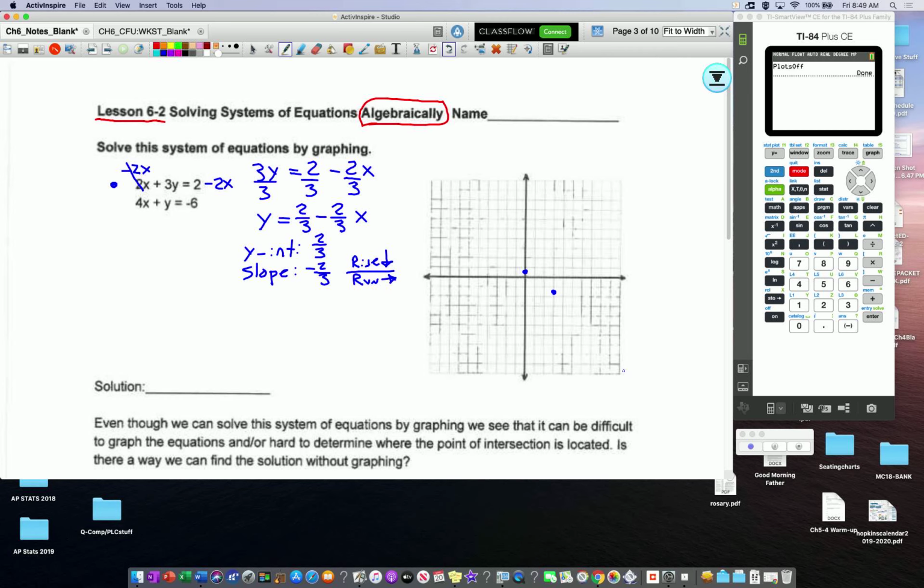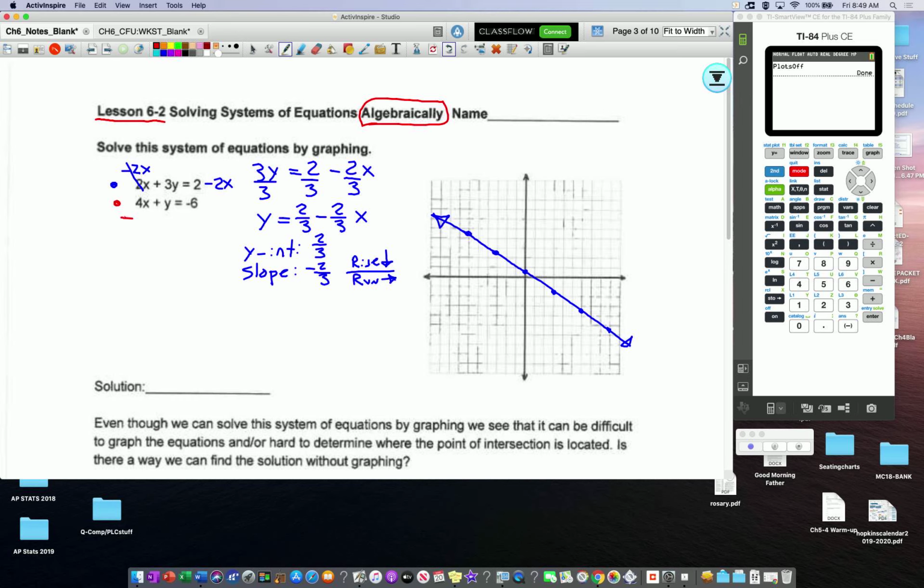I'm estimating that again somewhere in the middle. I could go up 2 to the left 3 also. I'm going to do that a couple times, just so that I get some decent points to plot.